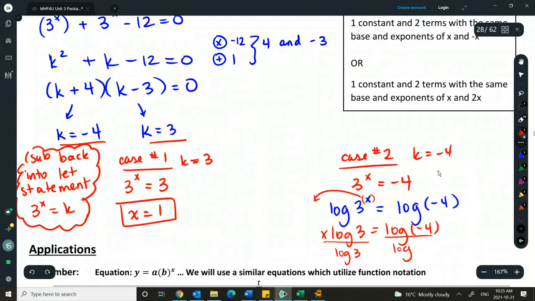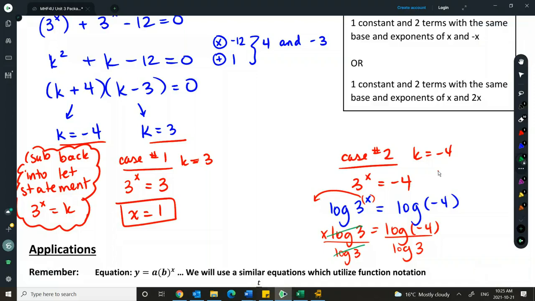Okay, so what happens when we calculate here? Error. Why do we get an error? Carol? Can't take the log of a negative. We also can't take the log of 0.